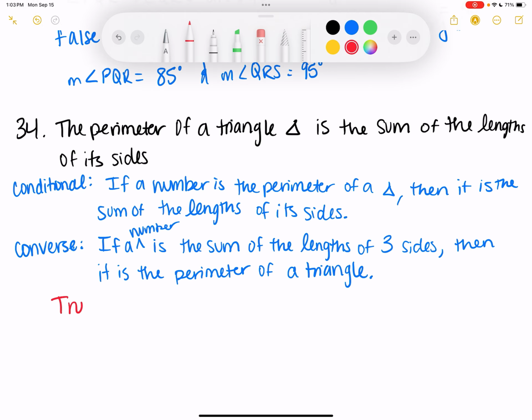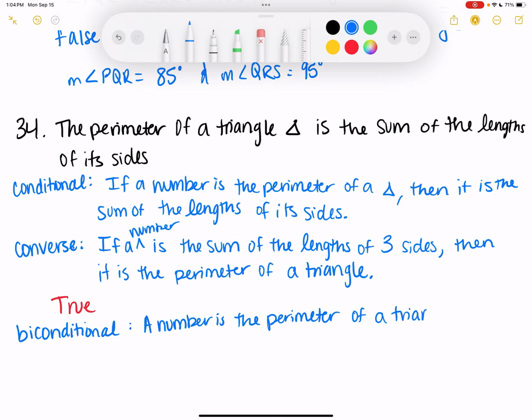So the biconditional would be something like: a number is the perimeter of a triangle if and only if it is the sum of the lengths of the triangle sides.